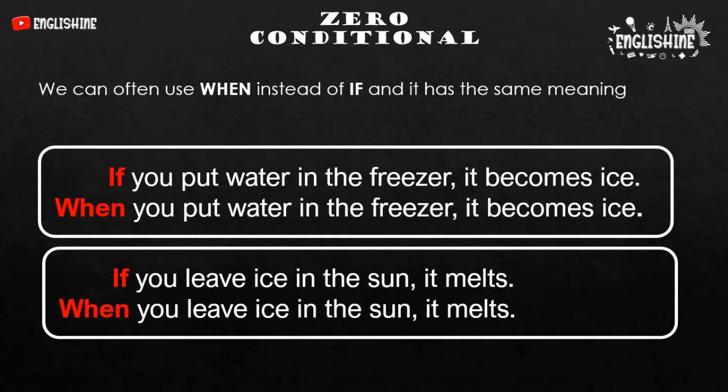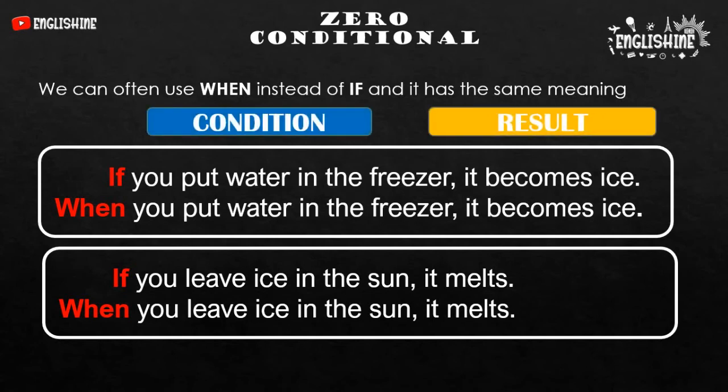We can replace if with when, and it becomes, when you leave ice in the sun, it melts. The result is always the same. One thing, a condition always leads to another, a result. There is no difference in meaning when you change if for when in zero conditional sentences.